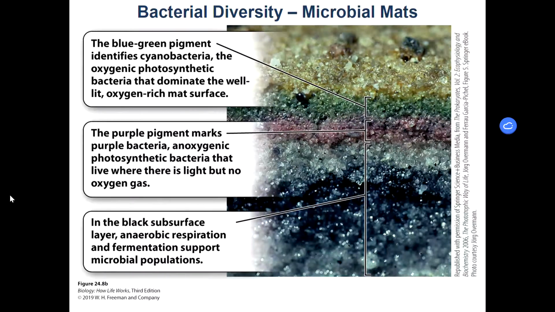So if you see this blue-green, this higher up layer, this is cyanobacteria. These organisms need oxygen-rich environments, but they can photosynthesize, so they can get energy from the sun. So they are found on the top of the surface because that's where they can get oxygen and sunlight.